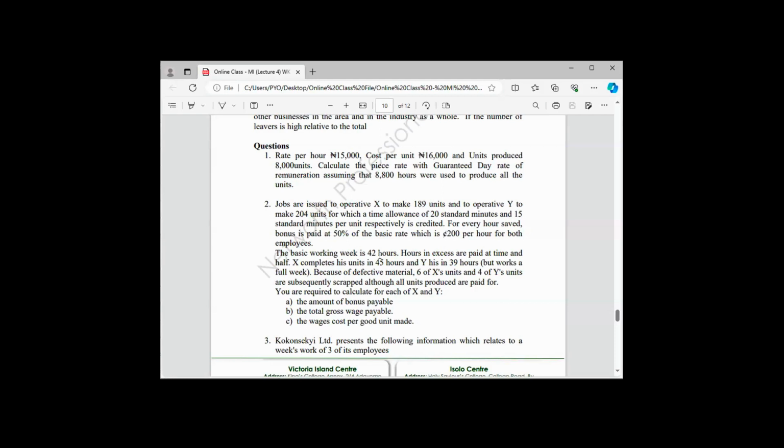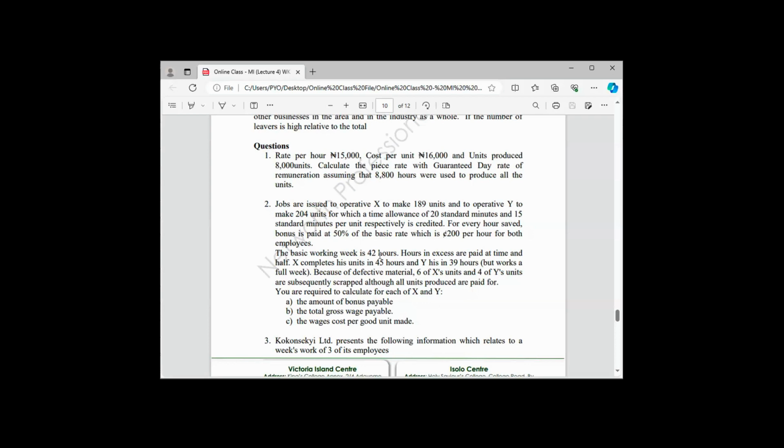For every hour saved, bonus is paid at 50% of the basic rate, which is 200 cedis per hour for both employees. The basic working week is 42 hours. Hours in excess are paid at time and half.